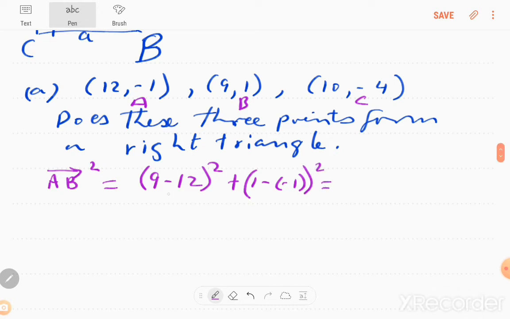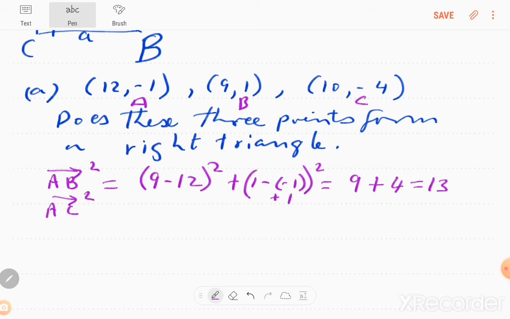So this comes up to 3 squared, which would give us 9, plus 1 plus 1, minus times a minus, we're going to make this a plus 1. So that's going to become 2, and 2 squared is going to be 4, so this is equal to 13.